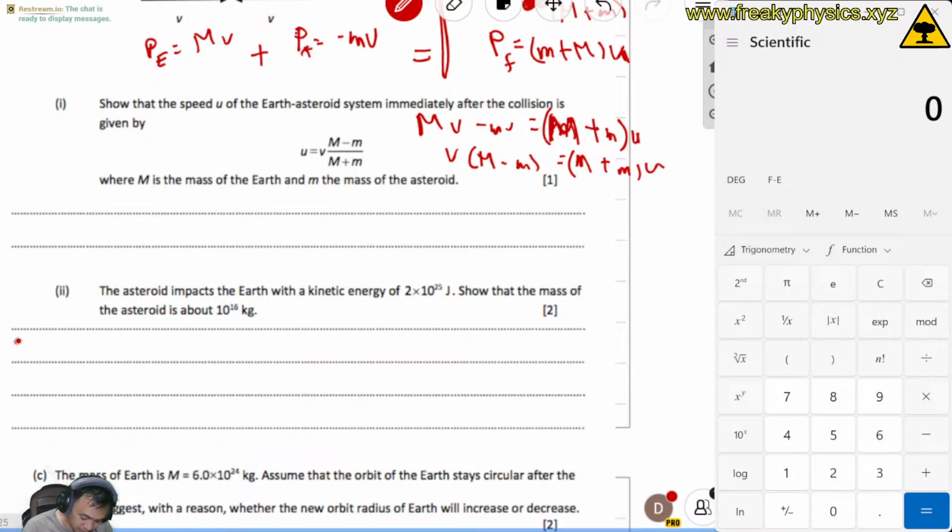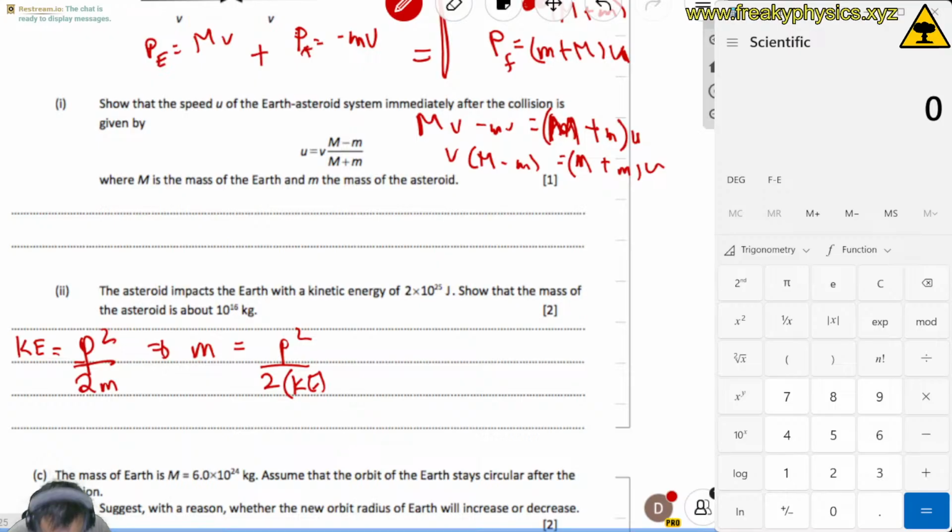We will use the other equation for kinetic energy, p squared all over 2m. That's it. So to show the mass, we just move stuff around. That's going to be p squared over 2 times the kinetic energy, right?